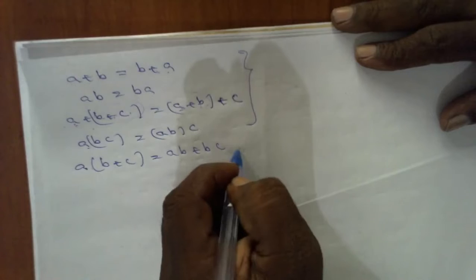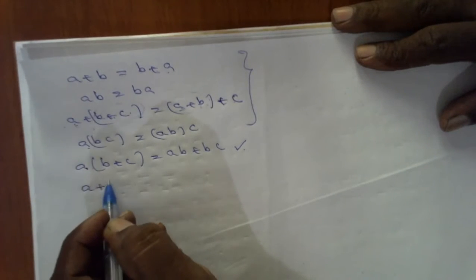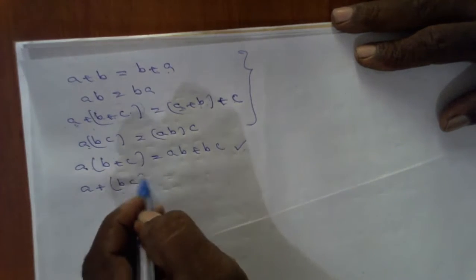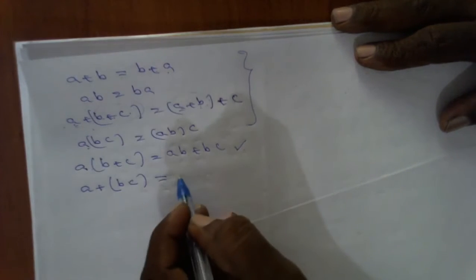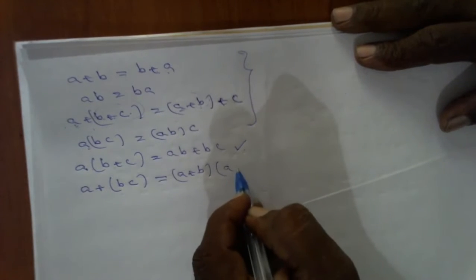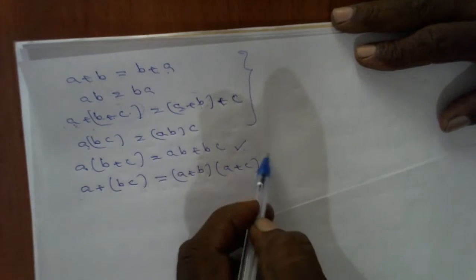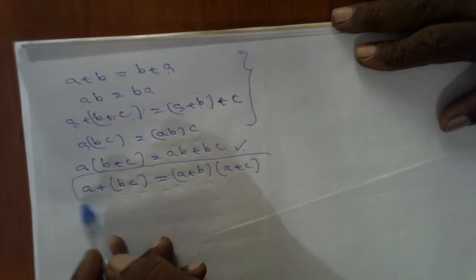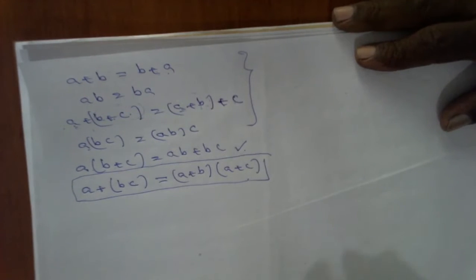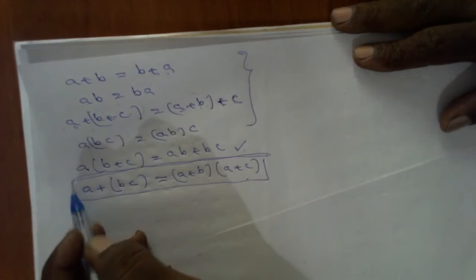Likewise, this is true. But if you take the distributive law of addition over multiplication, is it true? No. a plus bc equals (a plus b)(a plus c) is not true in general for real numbers.